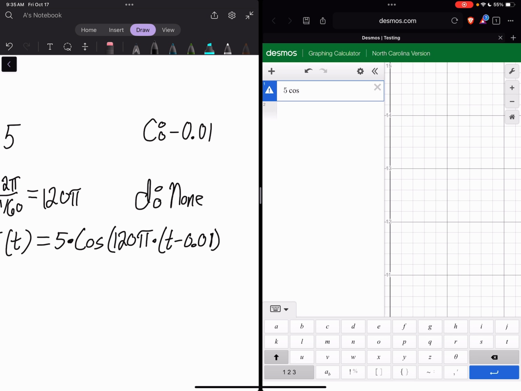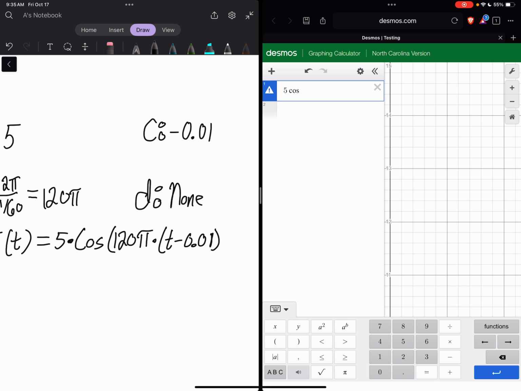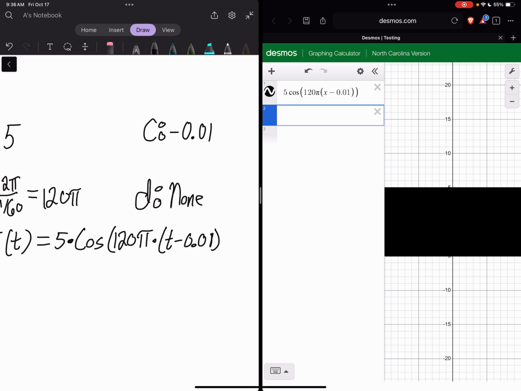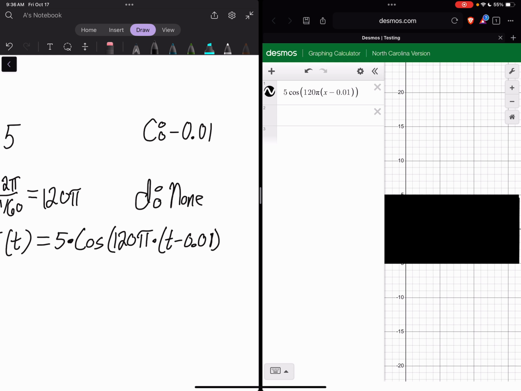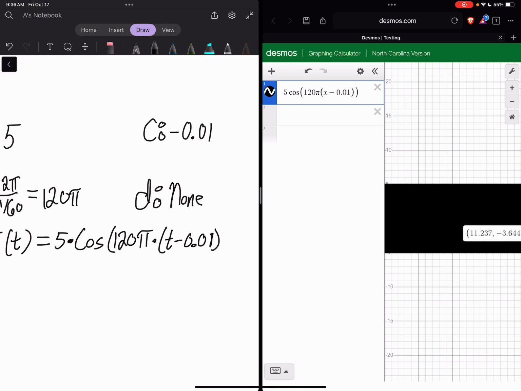Five cosine 120 pi x minus 0.01. See this black blob? That is my graph.